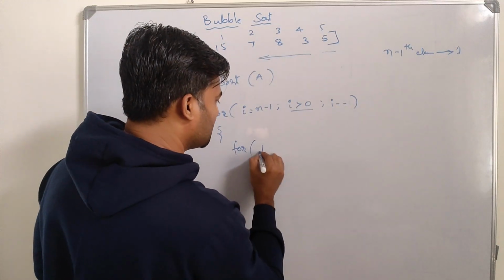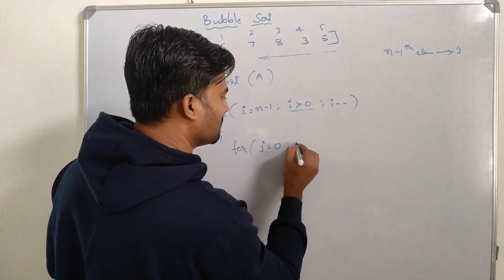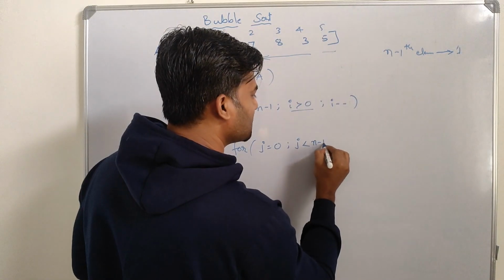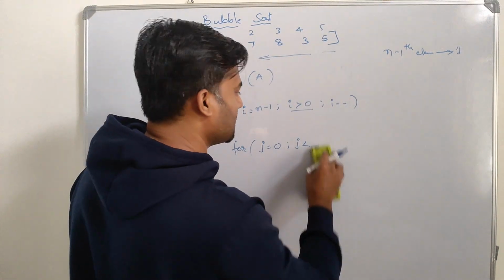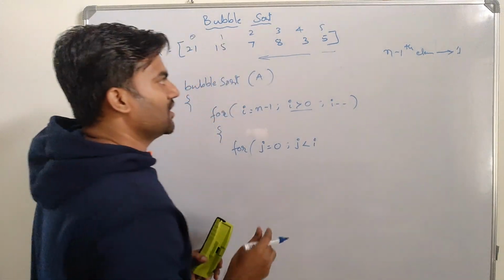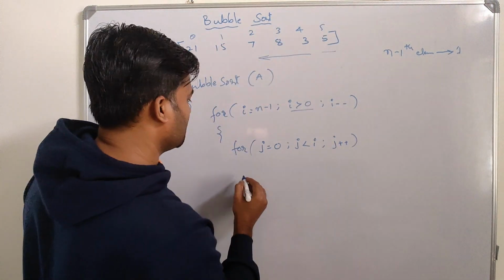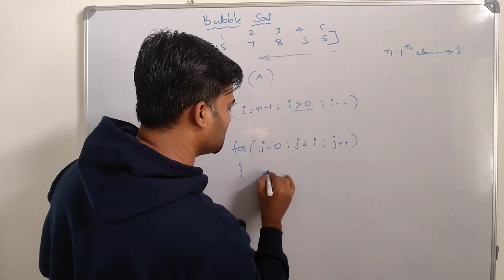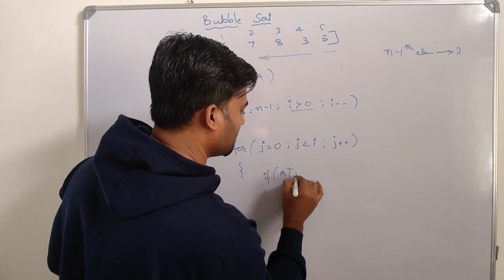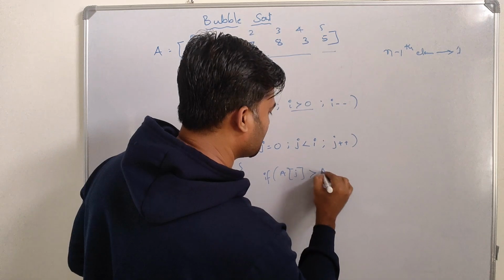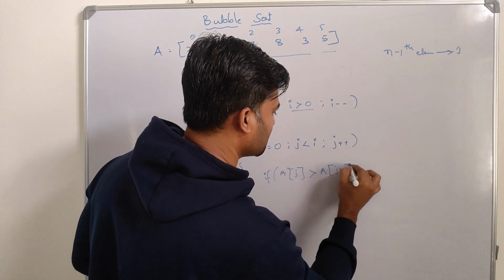That's why j equal to 0, j less than i, and j plus plus. So here I will check if a of j is greater than a of j plus 1.